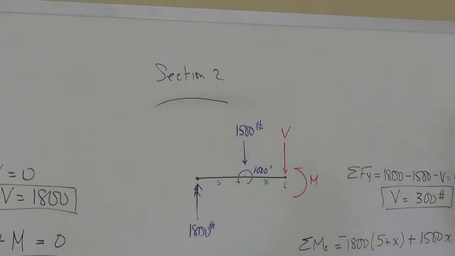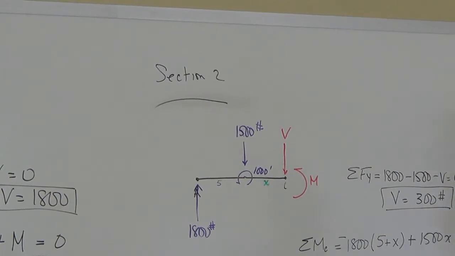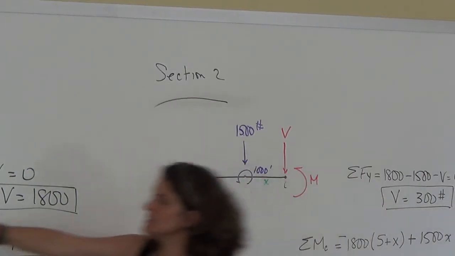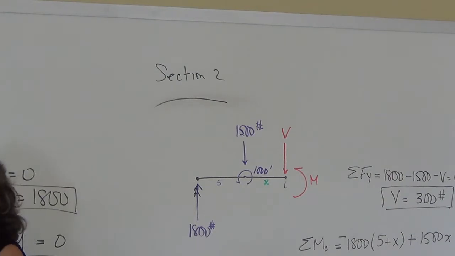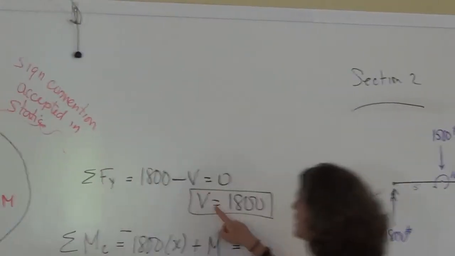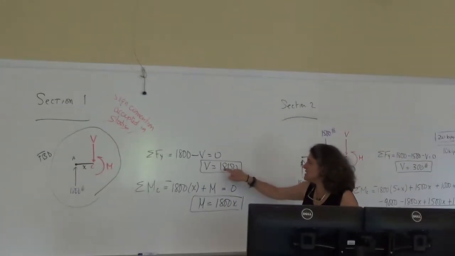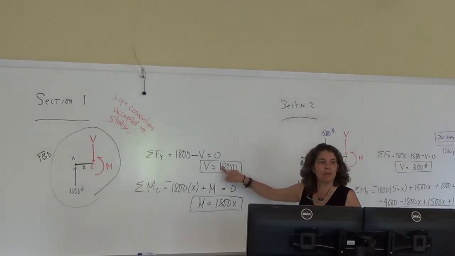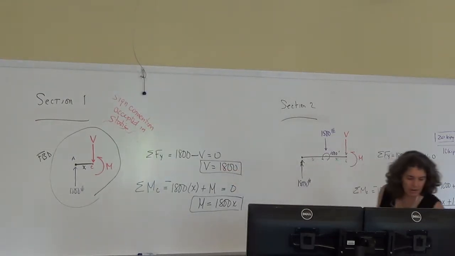So doing the math, notice, this is the important thing, to understand the sign convention. Because I put V going down, because the statics sign convention is to have V going down, V turns out to be the same sign as the forces that are applying. Look at the diagram.